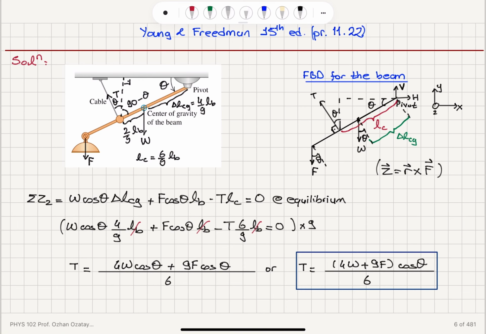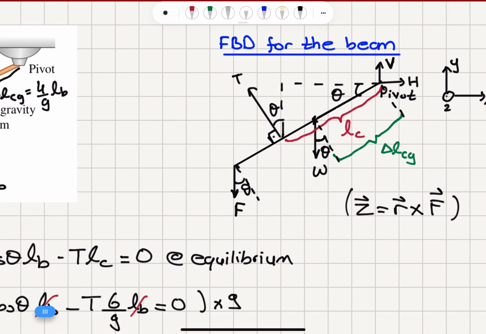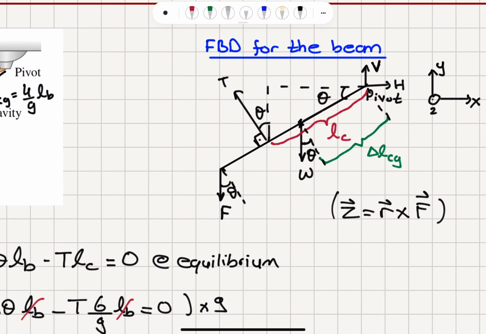Now, how do I find these horizontal and vertical forces at the pivot point? So I can write the equilibrium condition on the x-axis. The net force on the x-axis should be equal to 0.